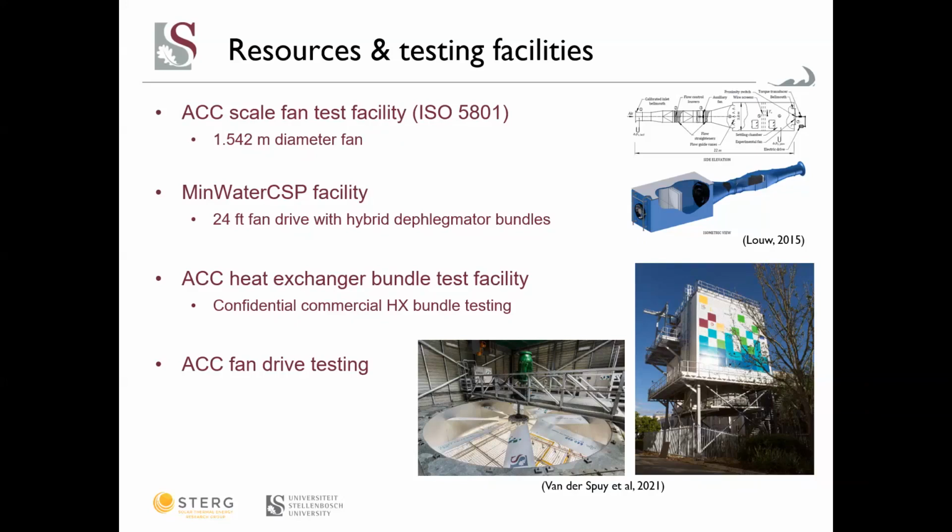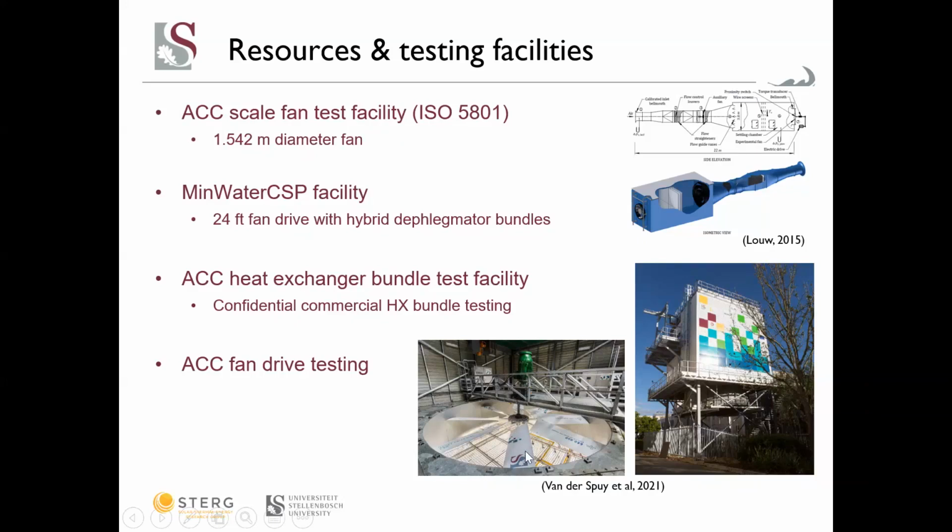So we also have something called a mini-water CSP facility. That is something that comes from the European Horizon 2020 funding opportunity, which we used to develop this facility. The picture at the bottom here shows the ACC fan.